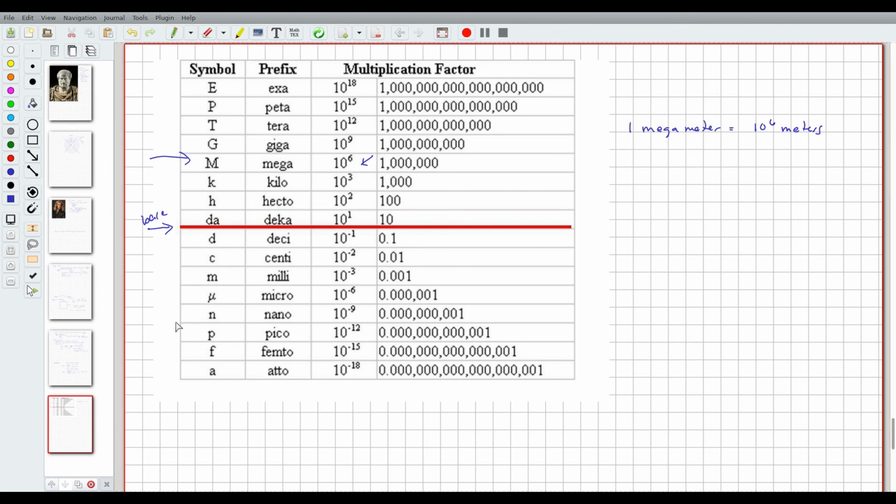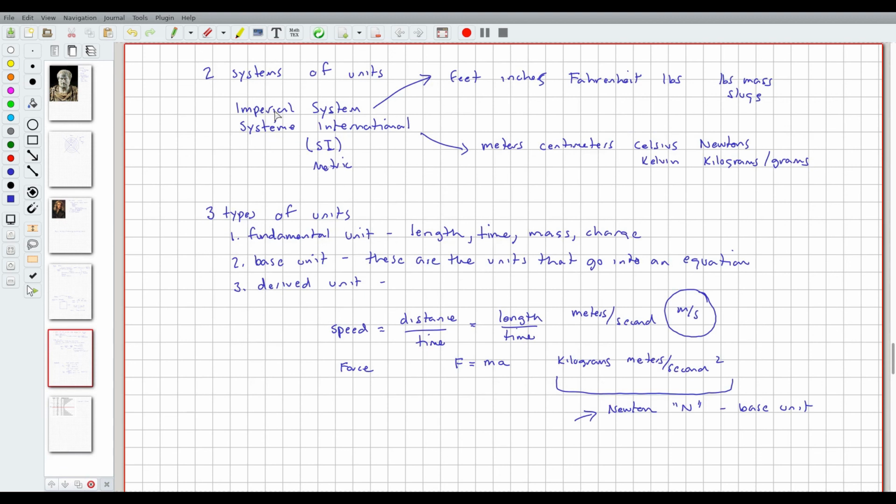So here, with the imperial system, in order to know the relationship between the different units that measure a particular quantity, like for example length, you need to remember all these weird conversions.